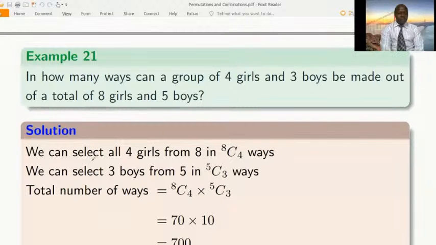And we did an example similar to this. So 4 out of 8 is this combination, and then 3 out of 5 is this combination. And then we want this group to have all the 4 girls and the 3 boys. And so the result means we multiply these.